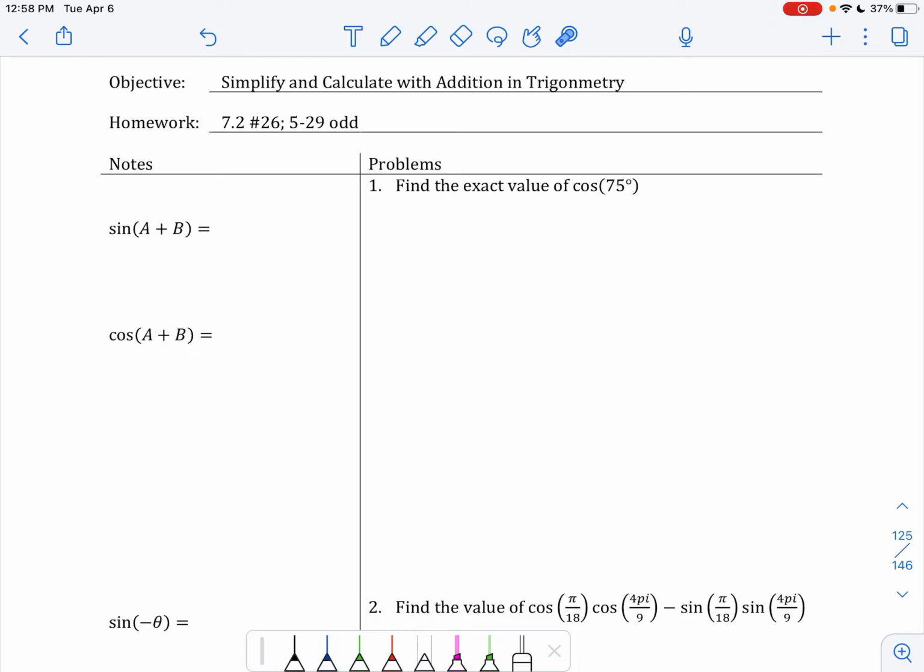So this is about using addition and subtraction in trigonometry. The idea here is that if we have the sine of two things added together, unfortunately we can't just split it apart easily, right?